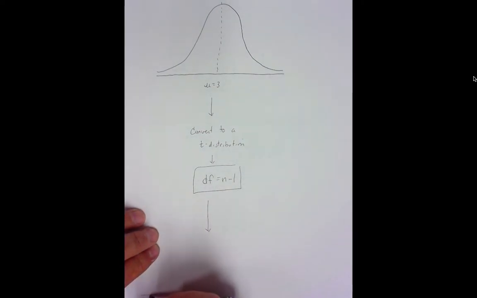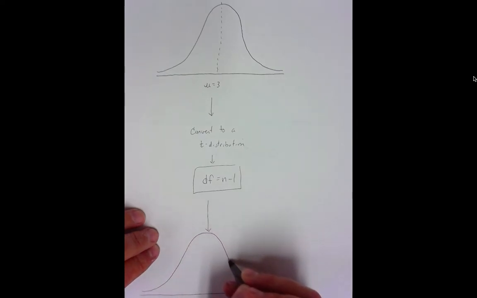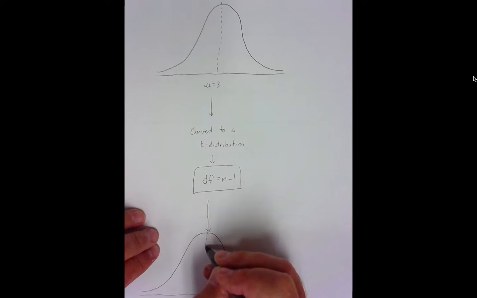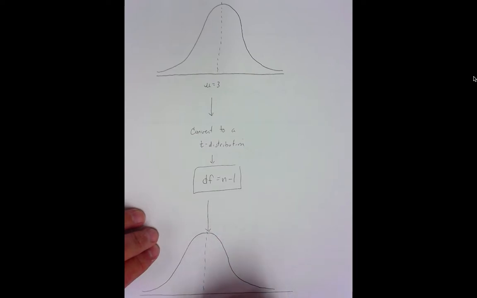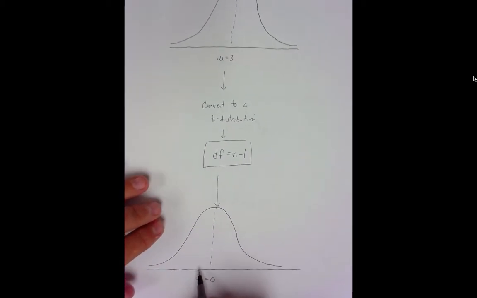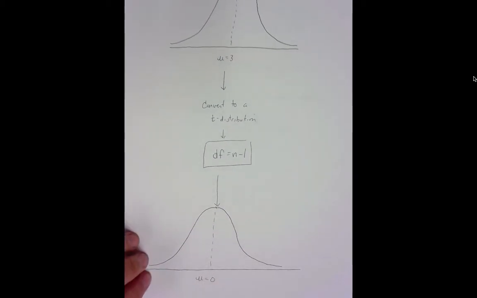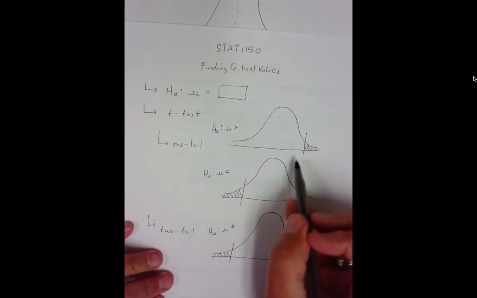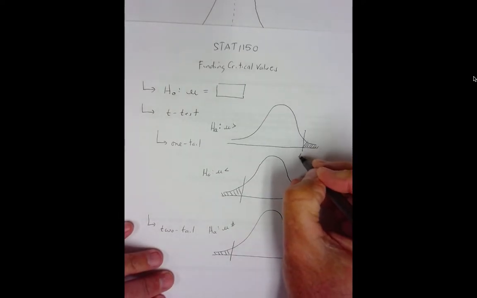The t-distribution has a mean of 0, and these values, these t-criticals that we get back over here, will be in terms of a t-critical.